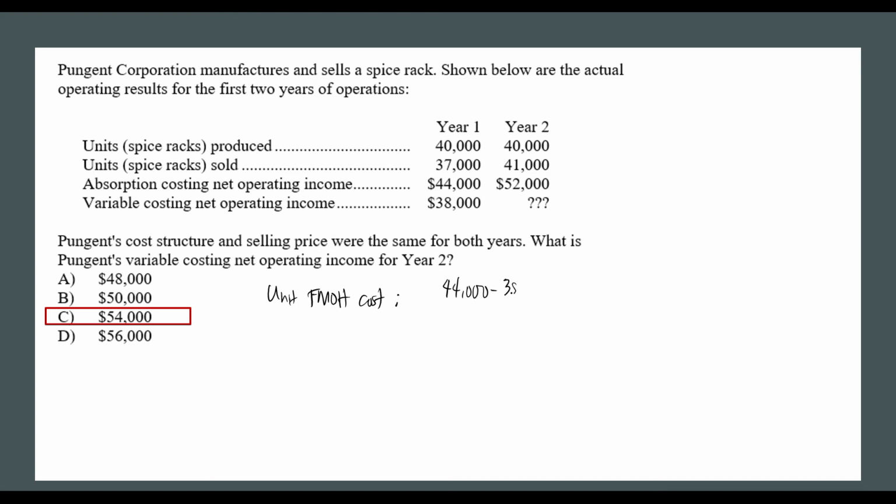minus 38,000. Why do we need to get the difference? Please remember that the difference between the net income under absorption and variable costing always comes from the fixed manufacturing overhead cost. So in here, we need to get the difference.